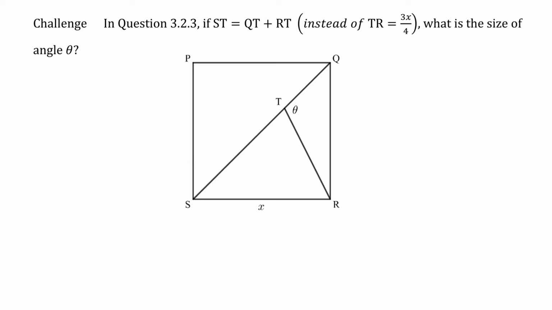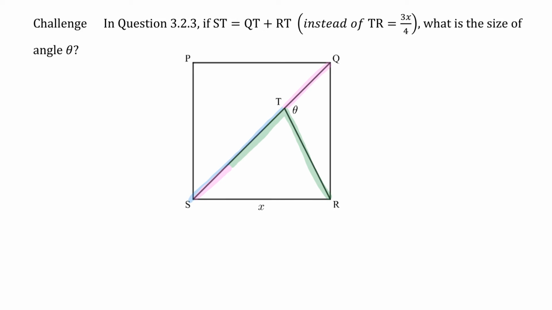In question 3.2.3, if ST is equal to QT plus RT, so let's quickly see where these are. ST is this line, QT is this length, and RT is this length. So in other words, ST is the same as TR or RT plus QT.